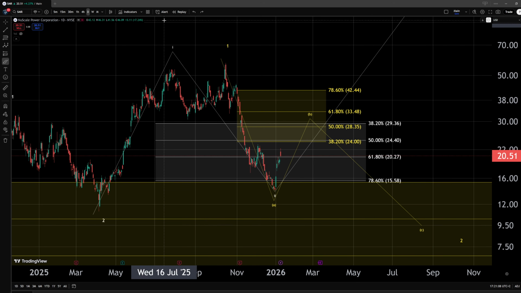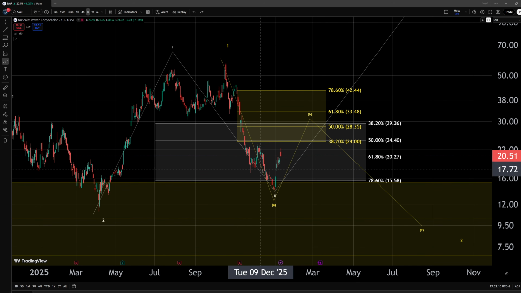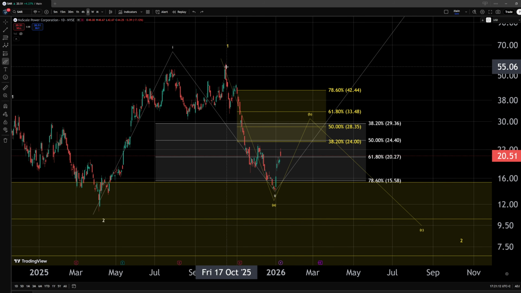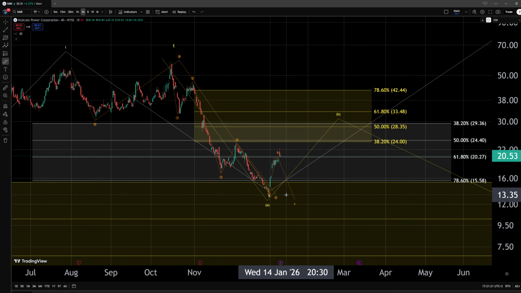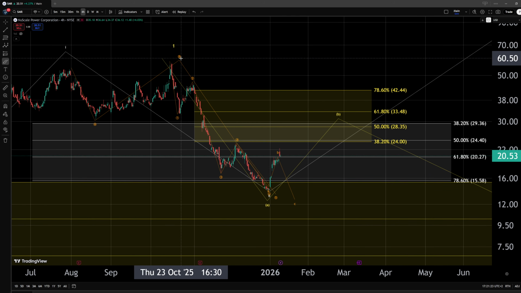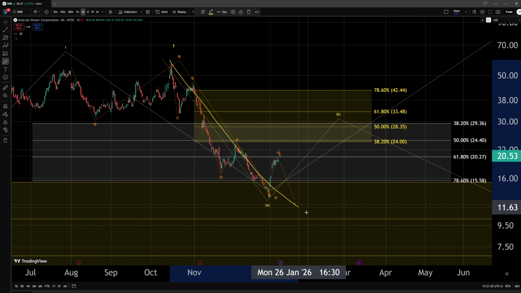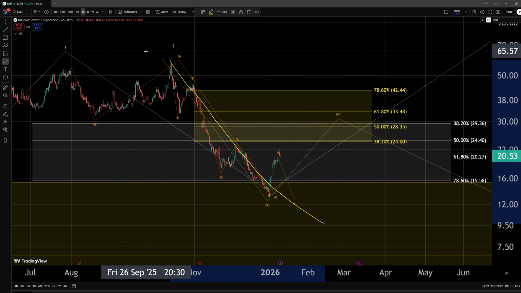Even within the yellow interpretation, we could actually see further extension before we actually need to move higher, because within this movement down, we actually are able to track an internal 5-wave move to the downside, which is suggestive of even further continuation, as within this overall pattern, we are tracking a diagonal movement.